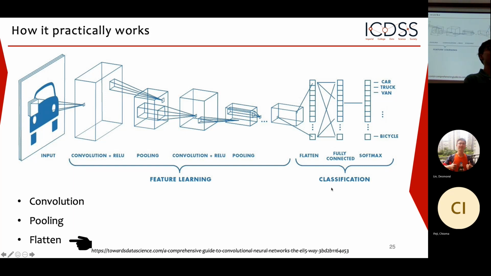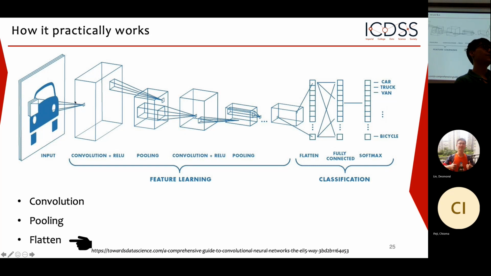Lastly, what we're going to do is classification. The idea of these kernels is that they help extract important features in the image. So if I'm trying to distinguish cats from cars, maybe the kernel is going to distinguish the pattern of the hairs of a cat, for instance. At some point, I want to take all this information that I extracted and plug it into a neural network to find the answer to my question.